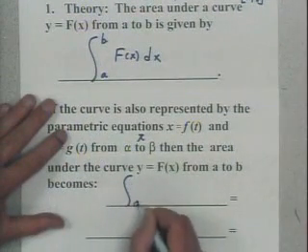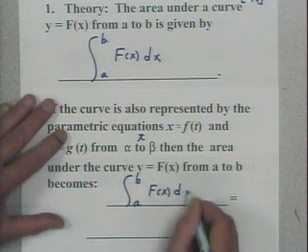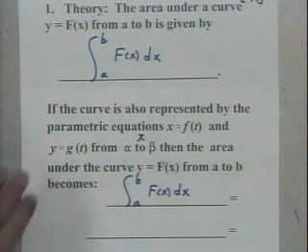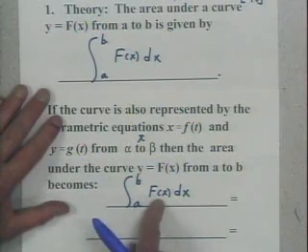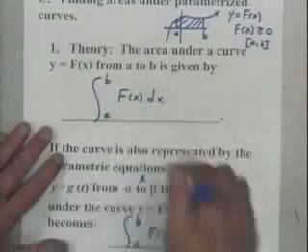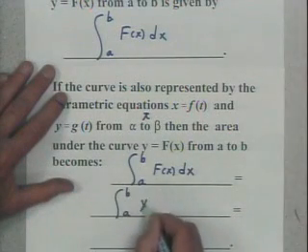So in Cartesian, I do it this way. But wasn't f of x just the y? Y equals f of x? So I substitute and put y here instead.